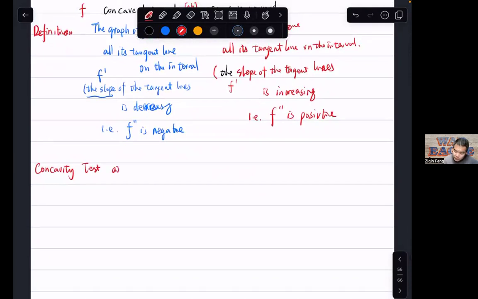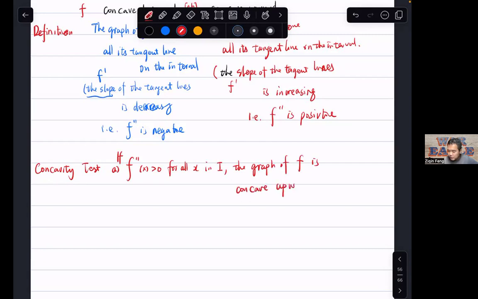The first one is: if f double prime of x is greater than 0 for all x inside I, our interval, then the graph of f is concave upward on I. I would sometimes just say concave up.